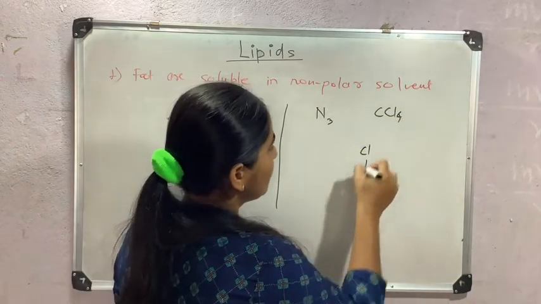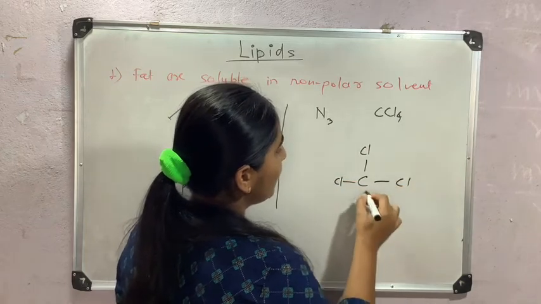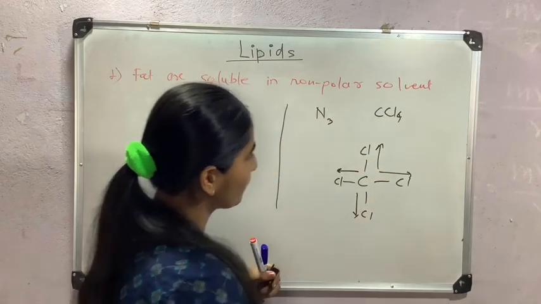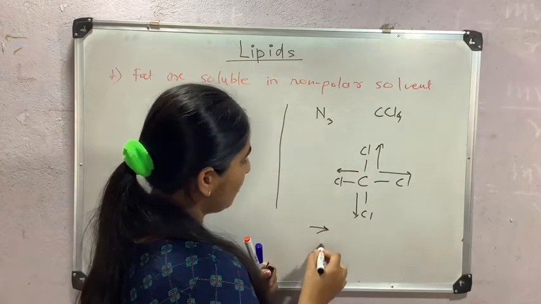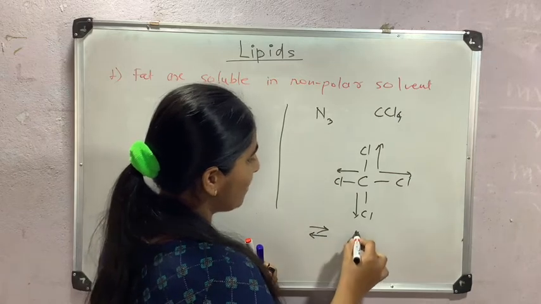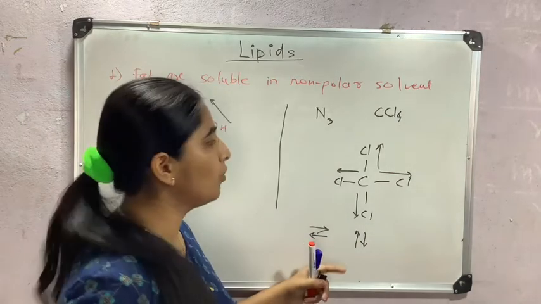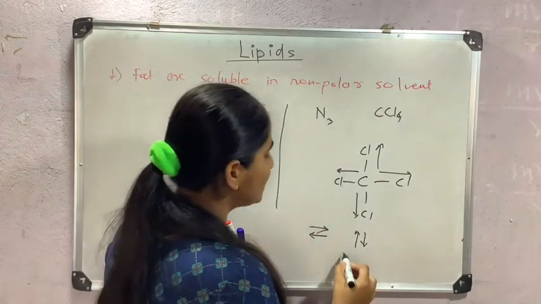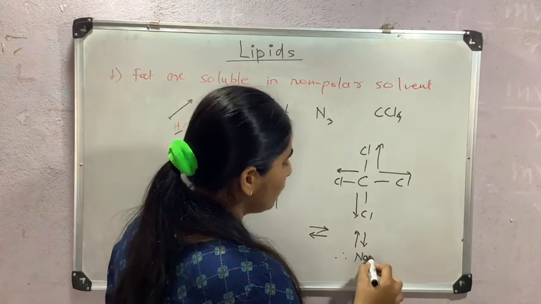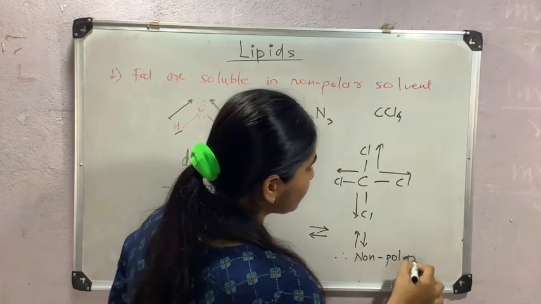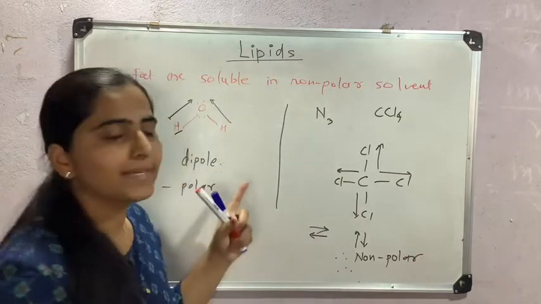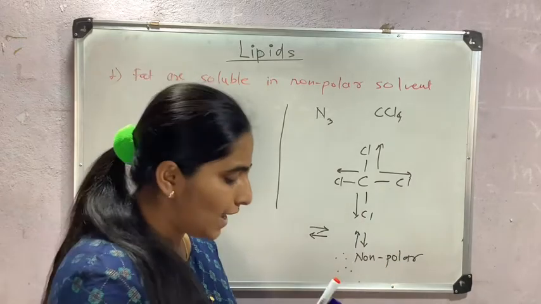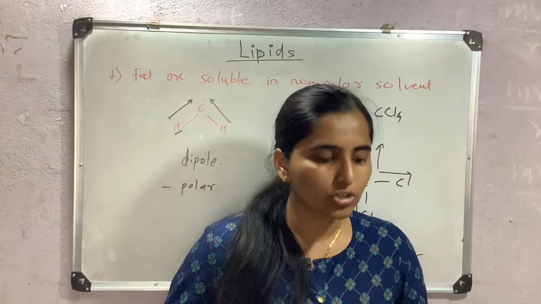In this structure, four electronegative atoms are attached like this, and these are dipoles, and each dipole cancels out the other dipole moment, so there is a cancellation of dipole moment, and therefore these molecules are non-polar. And these lipids are soluble in non-polar solvents like this.